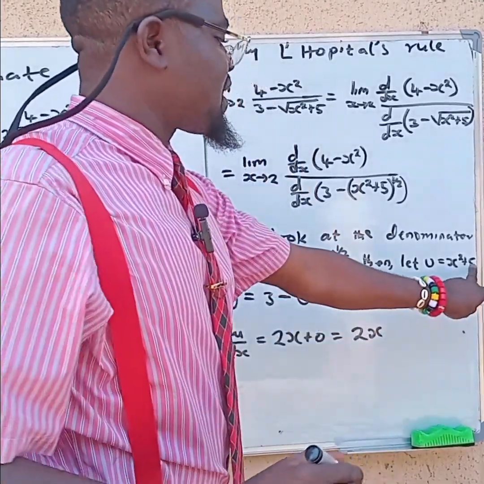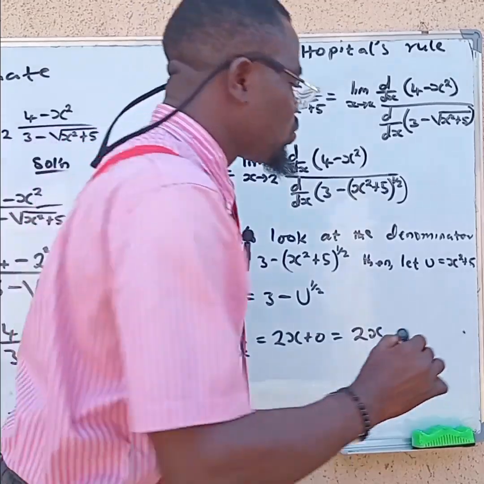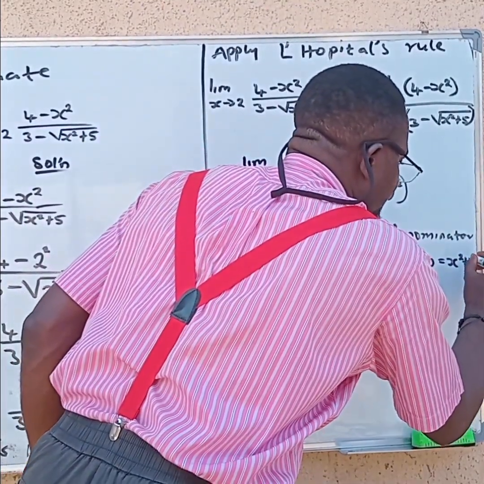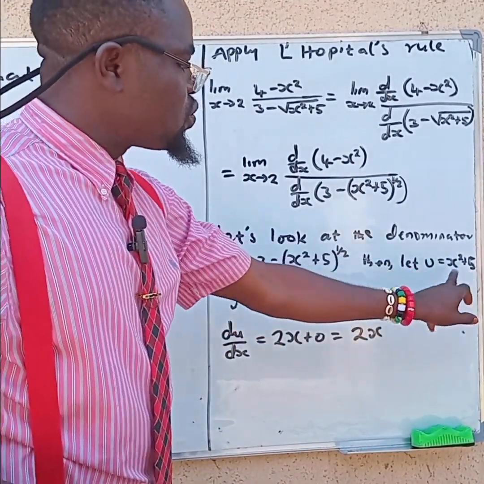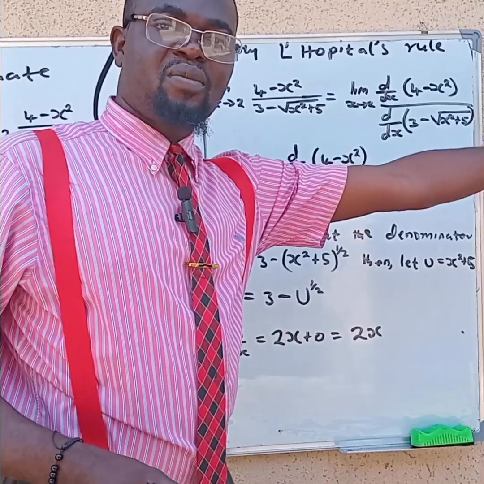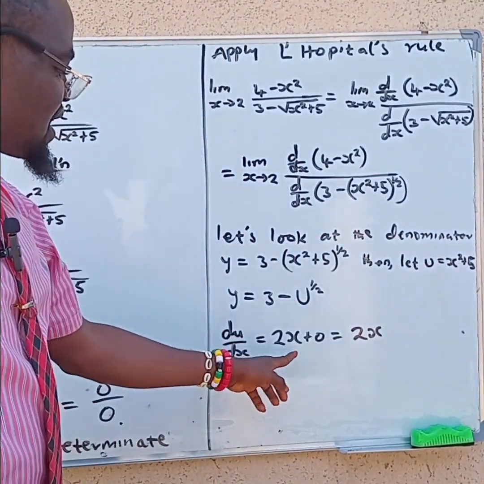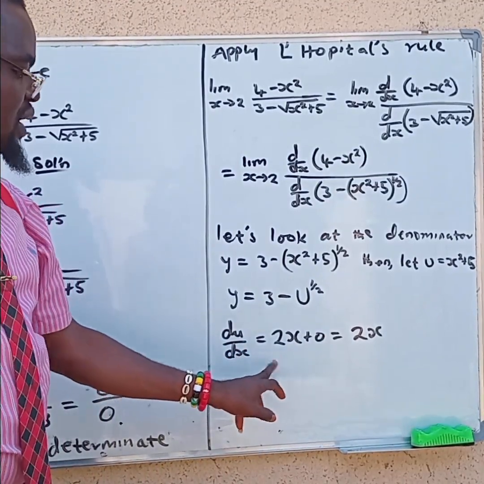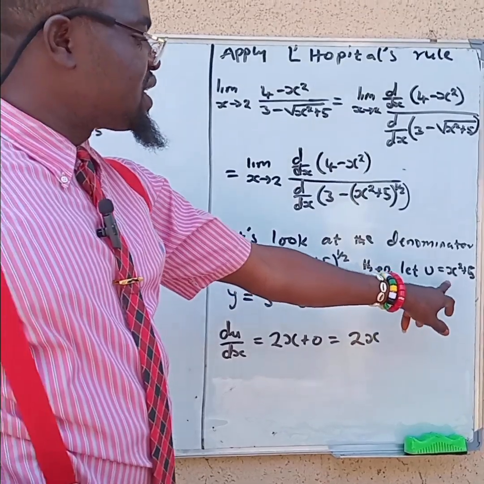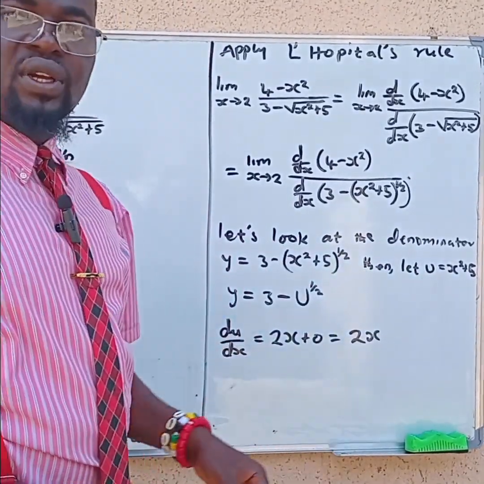If you differentiate any constant, it will give you 0. And for x squared, the 2 will come down, I'll subtract 1 from the power 2, and x raised to the power of 1 is the same thing as x. So if you differentiate x squared plus 5, you have 2x.